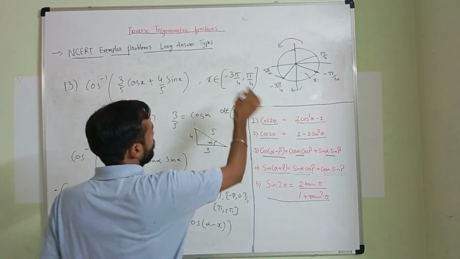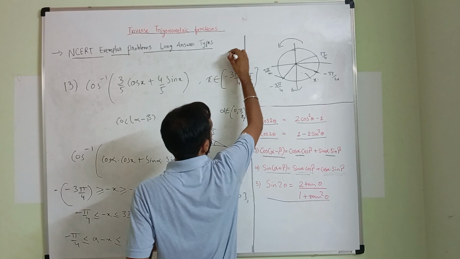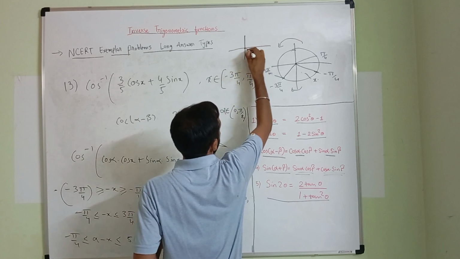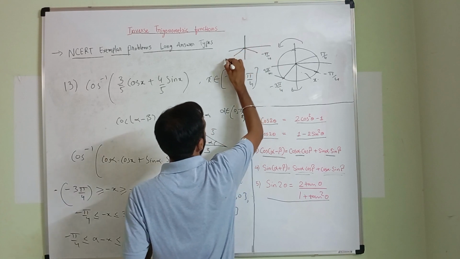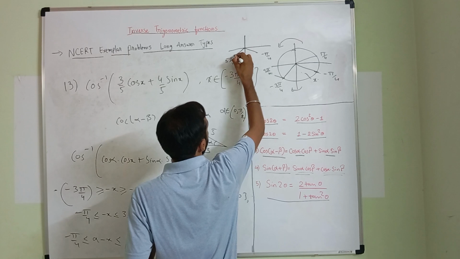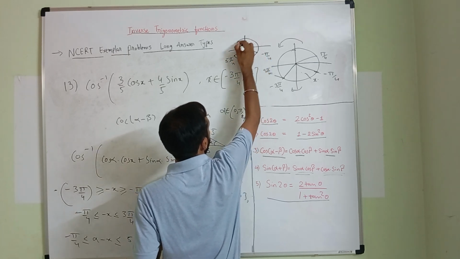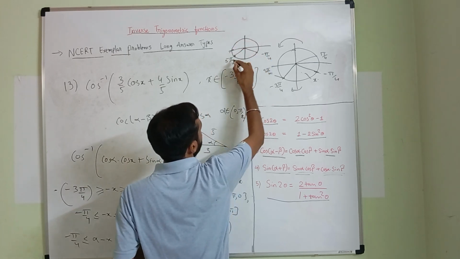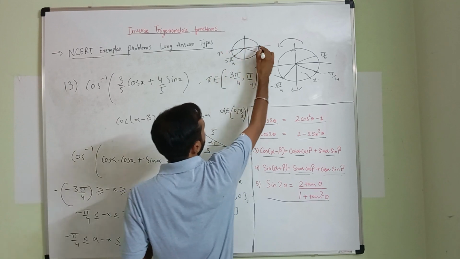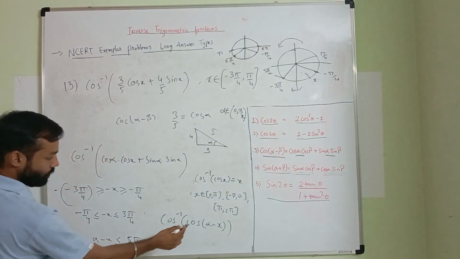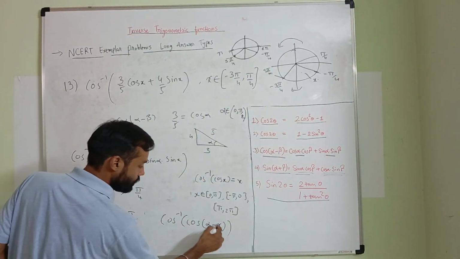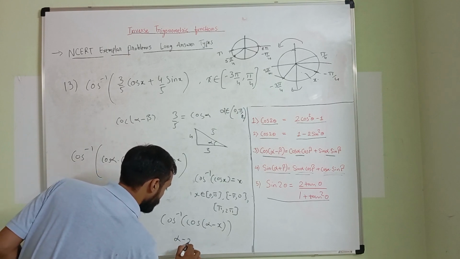So finally our alpha minus x will belong to minus pi by 4 to 5 pi by 4, and since this interval lies within the valid intervals, in this condition we can write for the cos function cos inverse of cos(alpha minus x) to be alpha minus x.